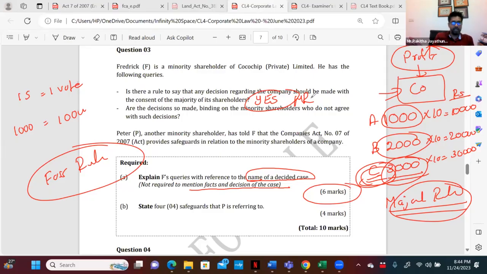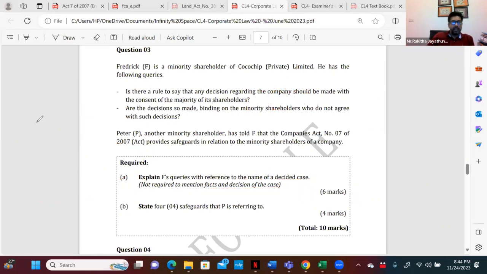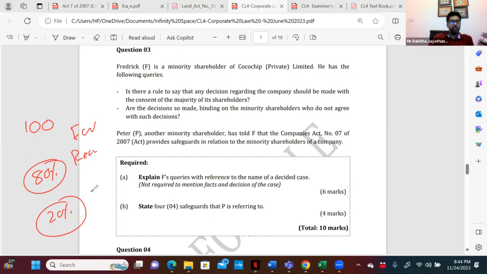You don't have to explain the judgment, but the majority rule says, when you're passing a resolution, you have 100 shareholders, and out of them, let's say 80% says we should pass this resolution. We call it for the resolution. And 20% says, no, we are against the resolution. The resolution is passed. Resolution means the decision is made.